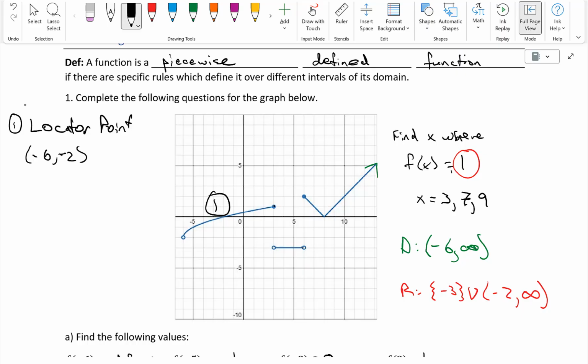That's the one we'd be following around. And we can see with our slope triangle, it's still up 1 over 1, just like the original square root function would be. So we just want to use that locator point in our piece here. And we'd have y equals the square root of x plus 6 underneath, that's minus -6, and then a -2 outside for that up-down movement.